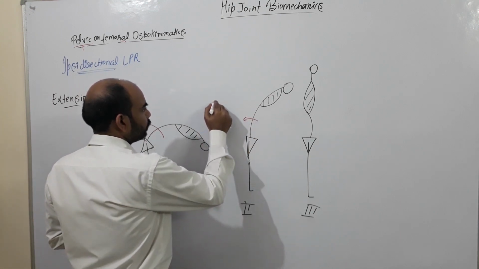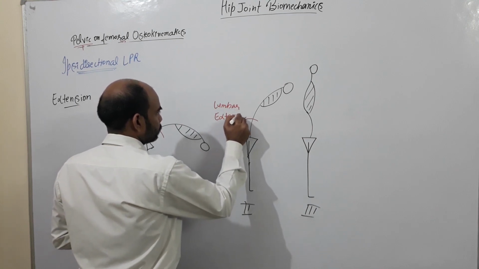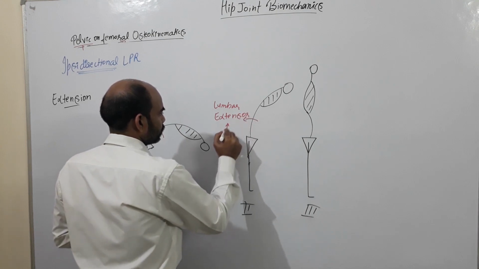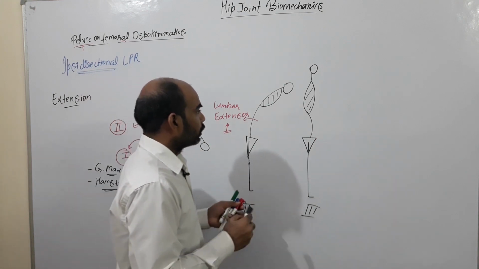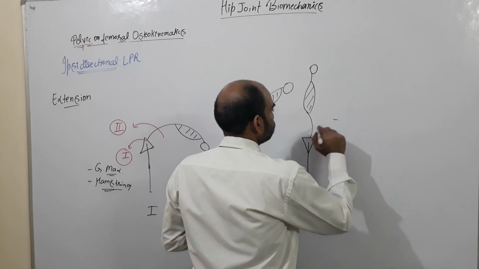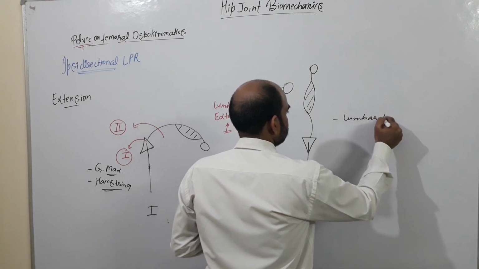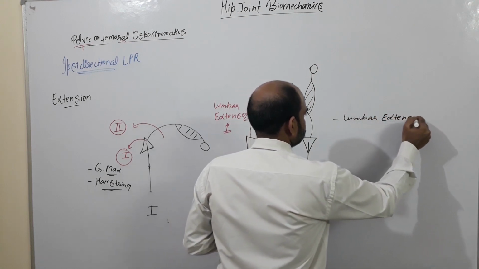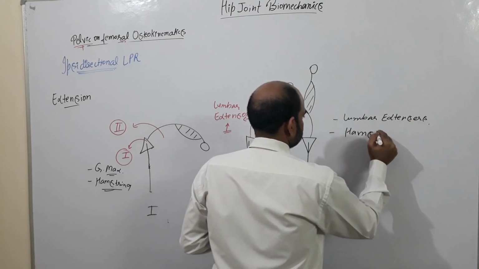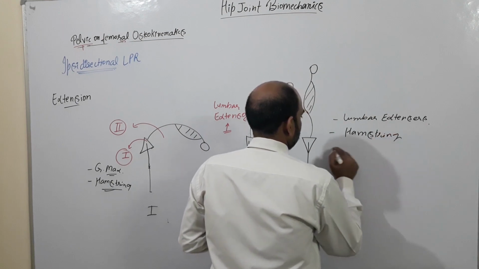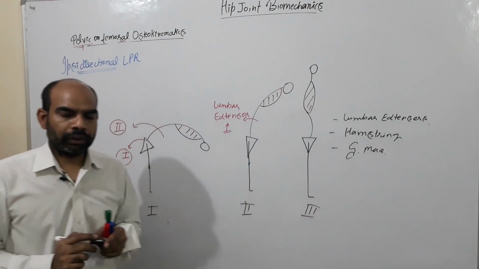The activity of lumbar extensor increases, and in neutral position all three muscles show minimum activity, meaning lumbar extensor, hams, and Gmax all show minimum activity.